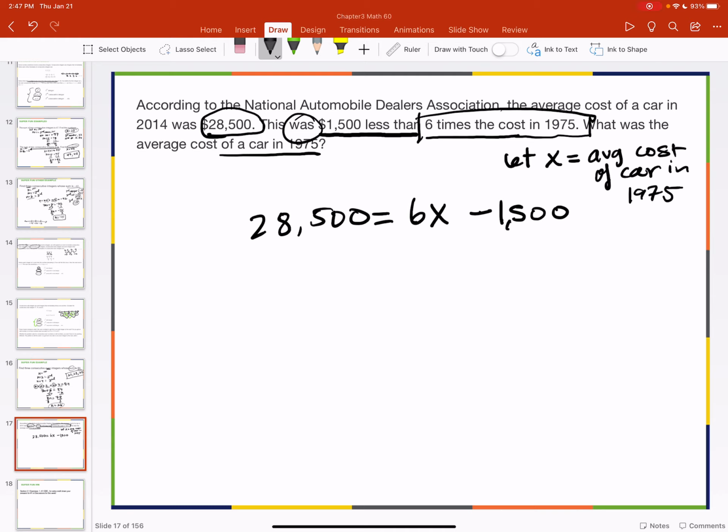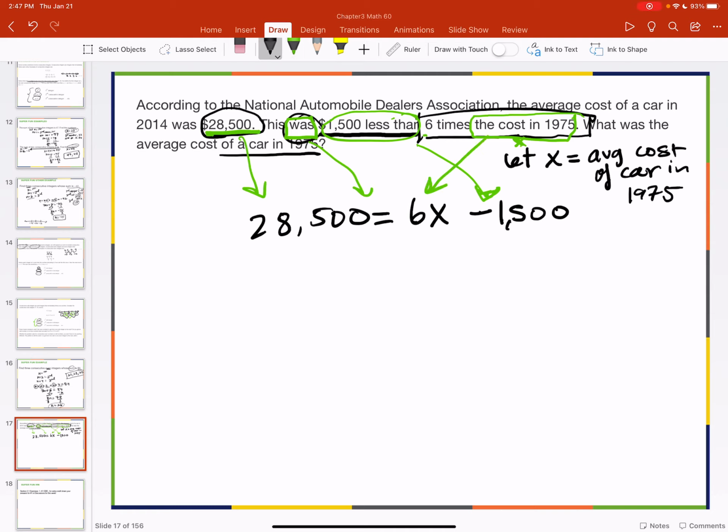Let's go through that again. 28,500 was, here it is directly translated to symbols, 1,500 less than, that means I'm subtracting it from 6 times the cost in 1975, which we already said is represented by x. So 6x, right there.